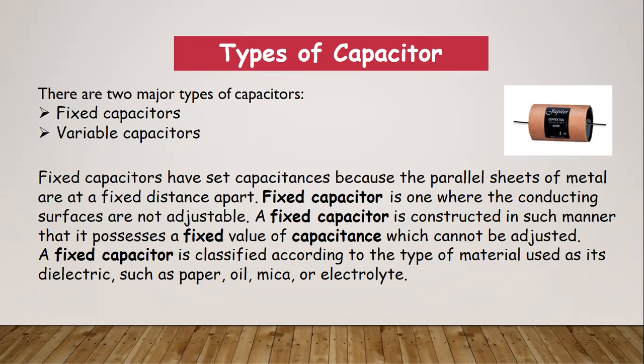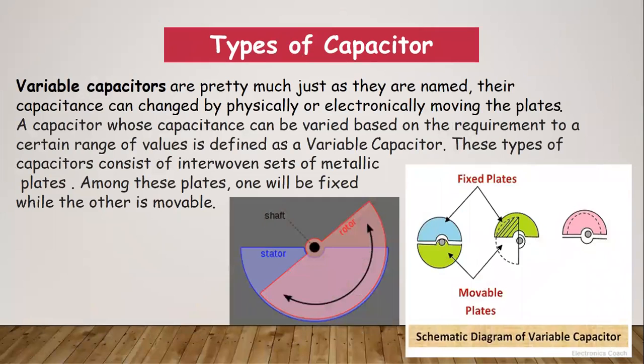Fixed capacitors are classified according to the type of material used as a dielectric, for example paper, oil, mica, and electrolyte. And the variable capacitors, as the name says, means that the capacitance can be changed physically or electronically by moving the plate.